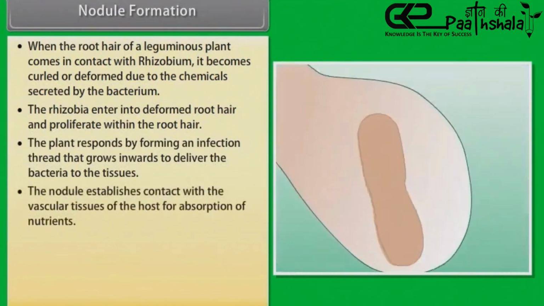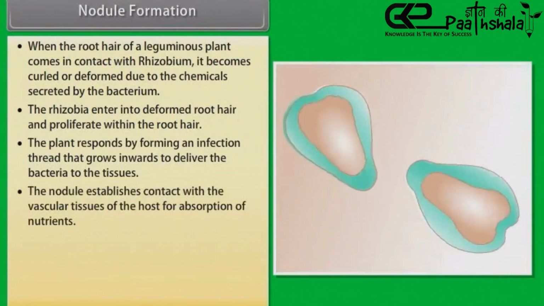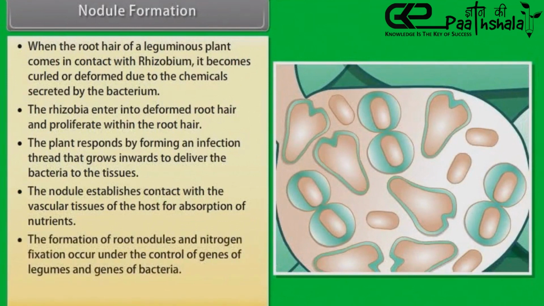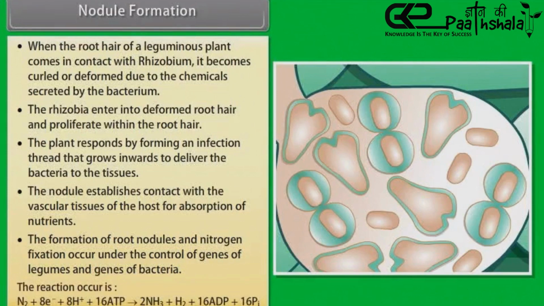The nodule establishes contact with the vascular tissues of the host for absorption of nutrients. The formation of root nodules and nitrogen fixation occurs under the control of genes of legumes and genes of bacteria. The reaction is: nitrogen plus 8 electrons, 8 hydrogen ions plus 16 ATP gives 2 NH3 plus hydrogen plus 16 ADP plus 16 Pi.